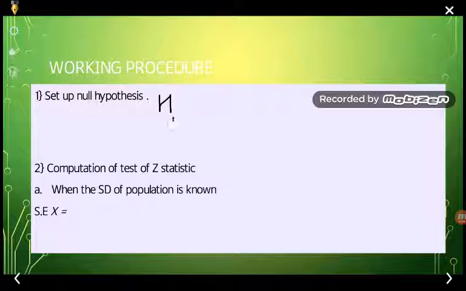The alternative hypothesis can be represented by H1. So we say that there is a significant difference between the sample mean and the population mean.